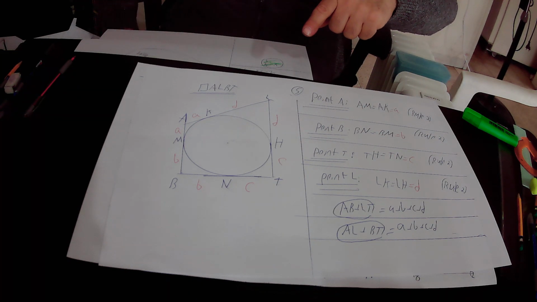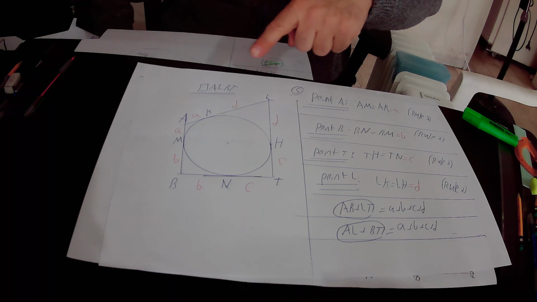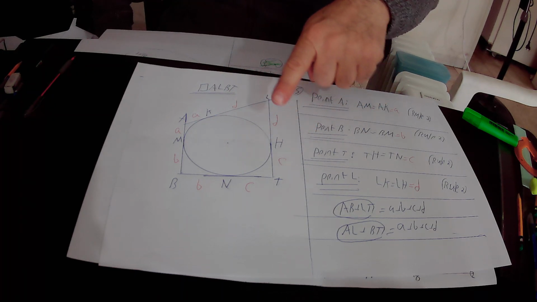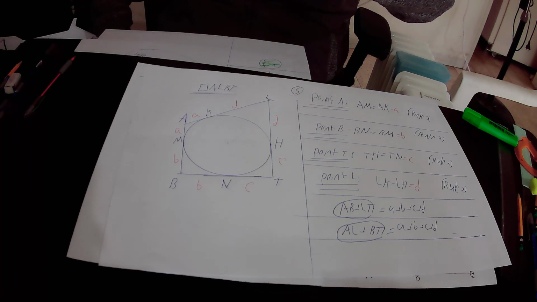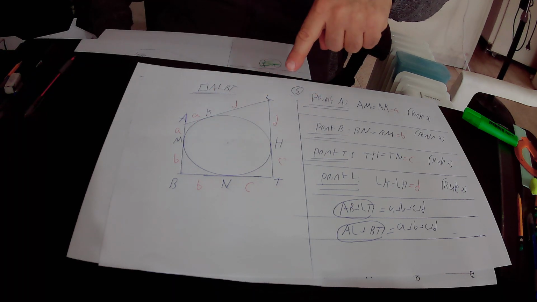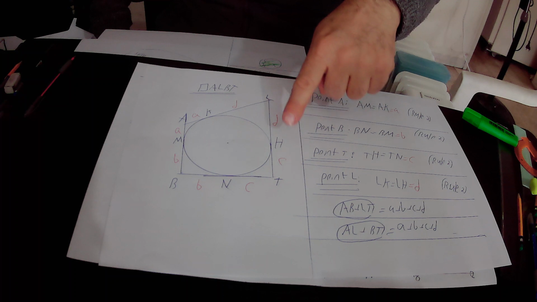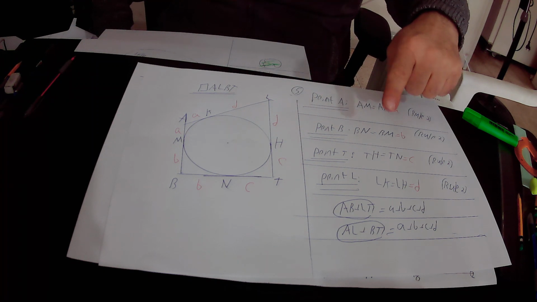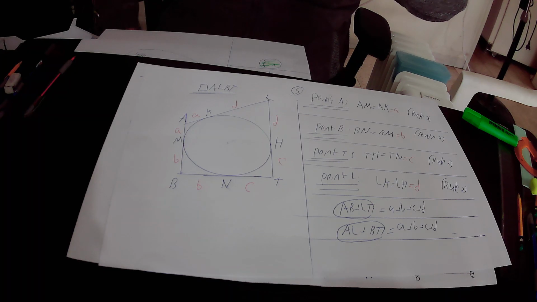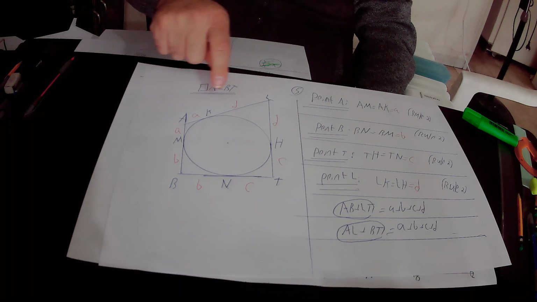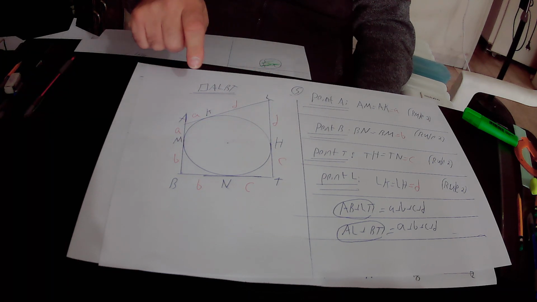Then we added side AB to side LT. What is the value of AB plus LT? From the drawing, it is very easy to see that AB equals A plus B and LT equals C plus D. So in total, AB plus LT equals A plus B plus C plus D. Likewise, we added side AL to the opposite side, side BT.